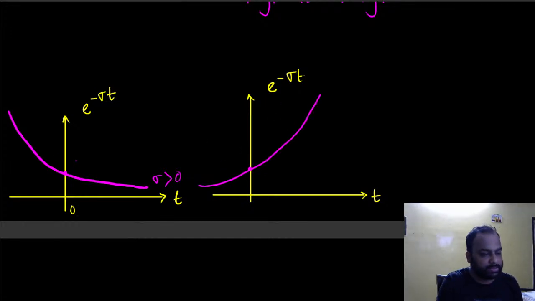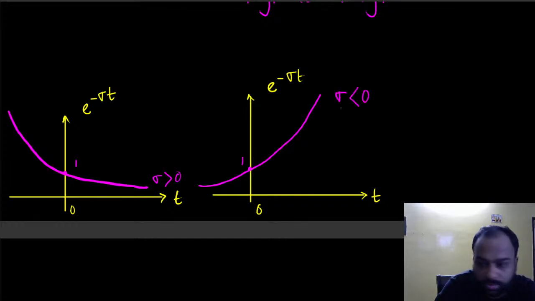So again, this is 1 at this point, this is also 1 at this point, and this is true when sigma is less than 0. If you have any query, feel free to ask. So we call this a decaying exponential.